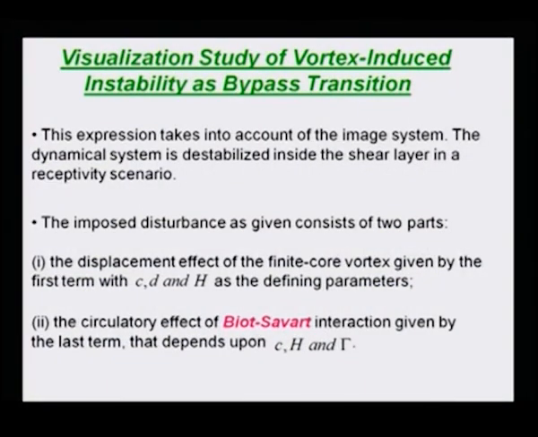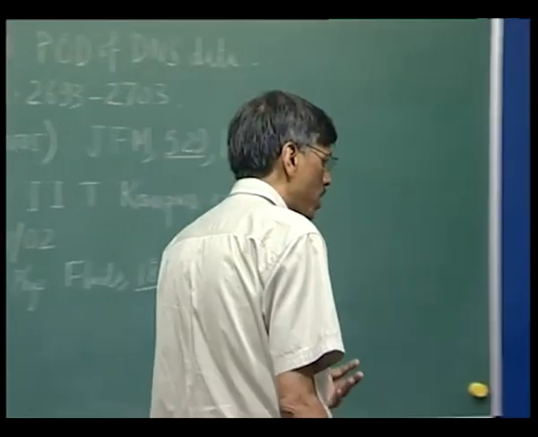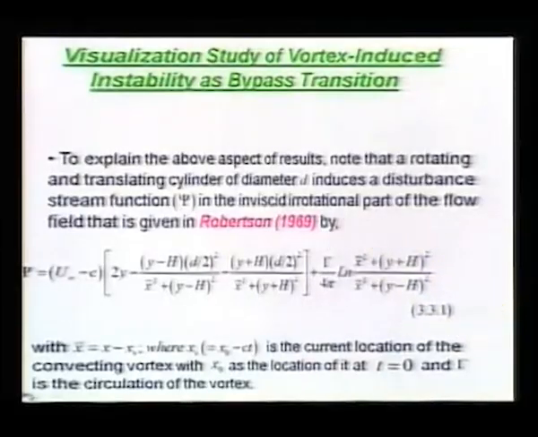The circulatory effect is basically nothing but your Biot-Savart interaction. That is very easy. That depends, from the expression, on C, h and gamma. Now, you may ask me a question that we did not see the expression for C here. We did not see the value of C appearing in the circulatory effect. How does it affect?